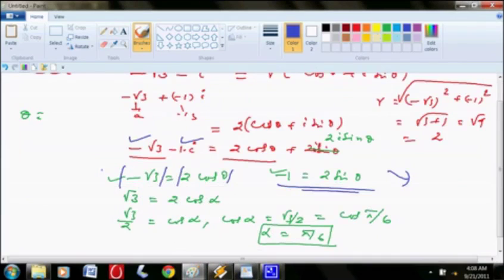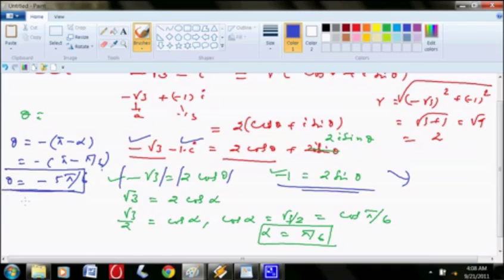So the value of theta is minus of pi minus alpha, and minus of pi minus pi by 6 comes to be minus pi by 6. Here you got the amplitude. The polar form of the complex number is just r into cos theta plus i sin theta, which is 2 into cos of minus pi by 6 plus i sin minus pi by 6.